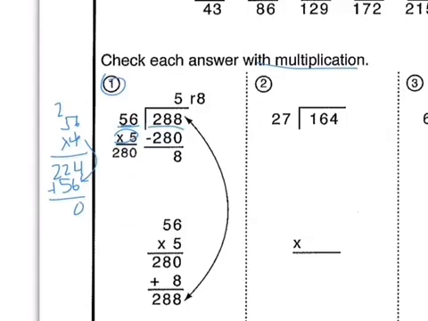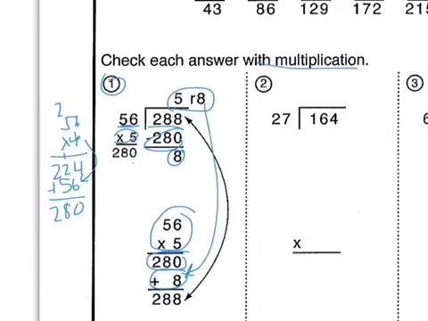And then I'd get 280. 56 times 5 is 280. Subtract and get 8, so the answer is 5, remainder 8. You can see right here they multiplied 56 times 5, got 280, and then we add the 8, the remainder, to check, and 288 matches up, so we're good to go.